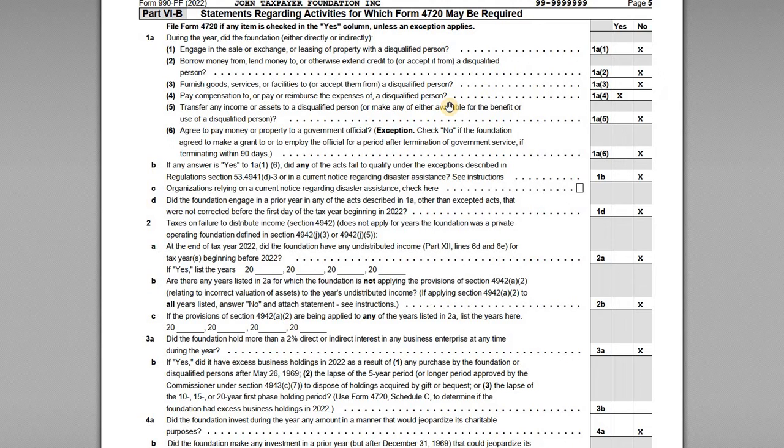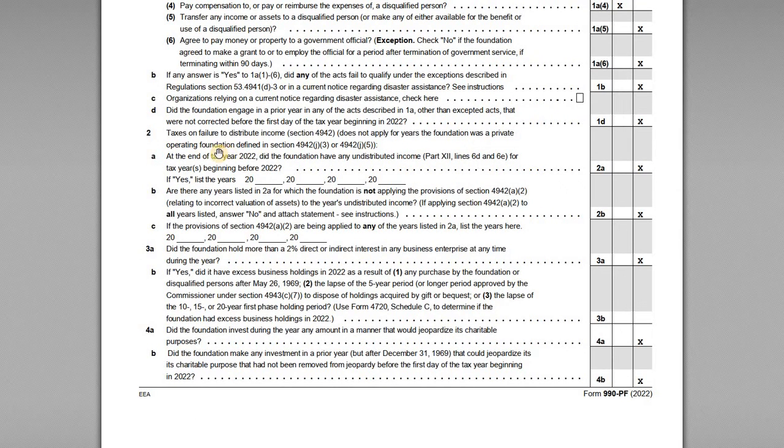John's not taking one, but if he was paid a reasonable wage, you can meet an exception as long as it was an arm's length third party relationship, and it's not too much, not too little. That is very often the case with larger foundations that have foundation managers, right? Foundation managers are officers, directors, and the like, and they often do get paid something. That's where you would have a question answered yes for line 1A4.